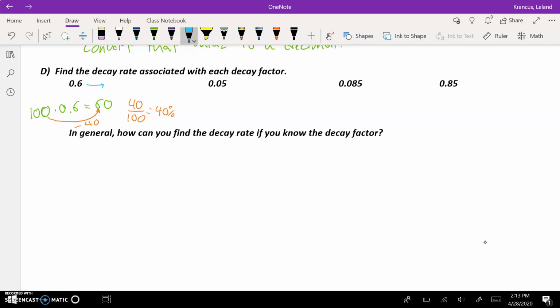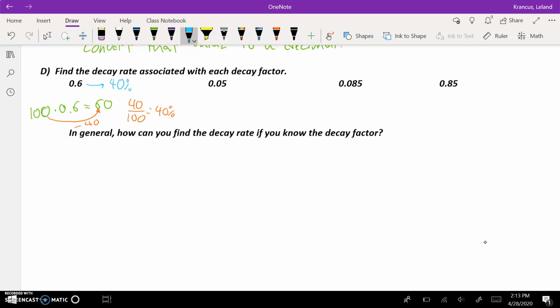So my decay rate for this one would be 40%. Think of it as if I multiply something by 0.6, I have 0.6 or 60% of that remaining. If I have 60% remaining, 40% has been lost. And a decay rate tells us how much it's changing by or how much it's losing as a percent.